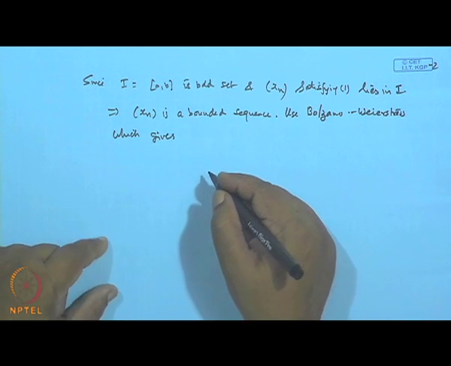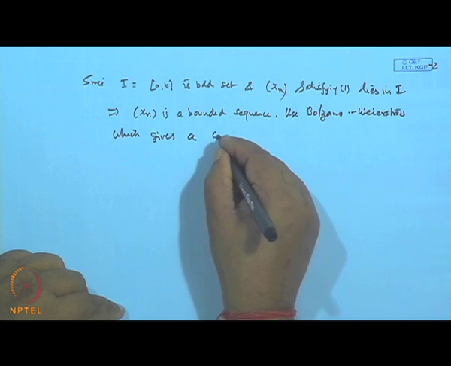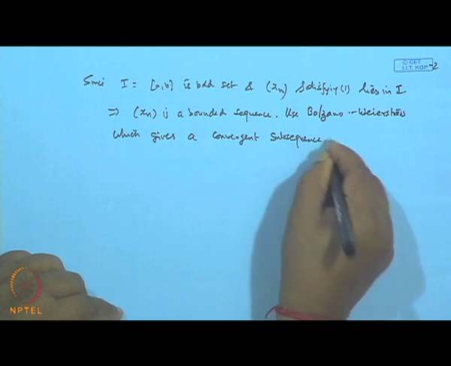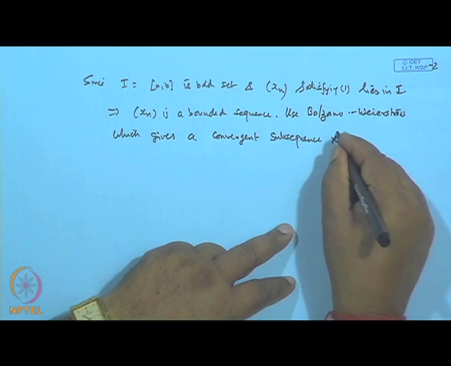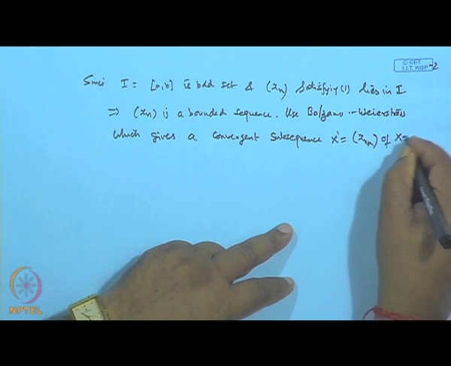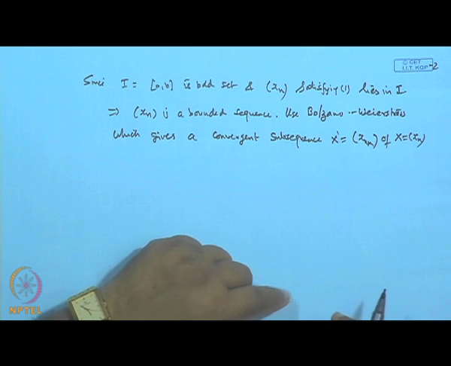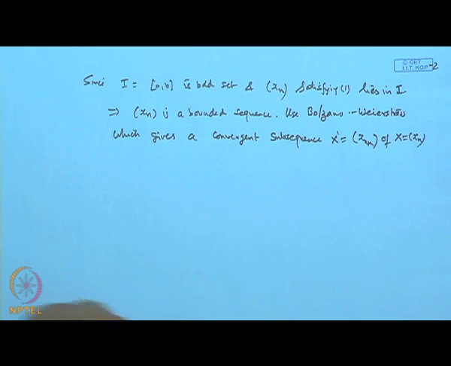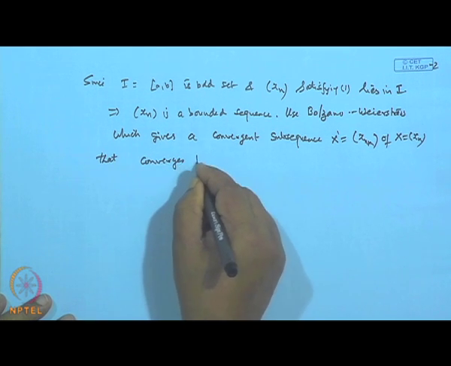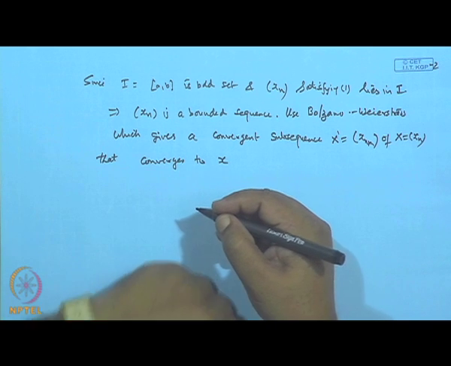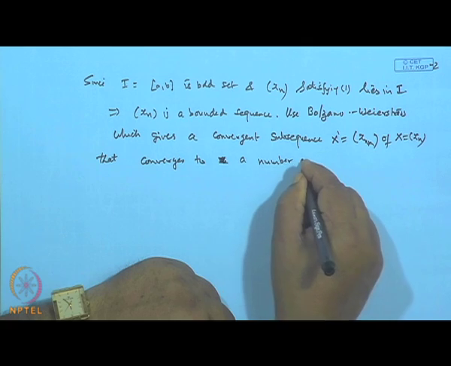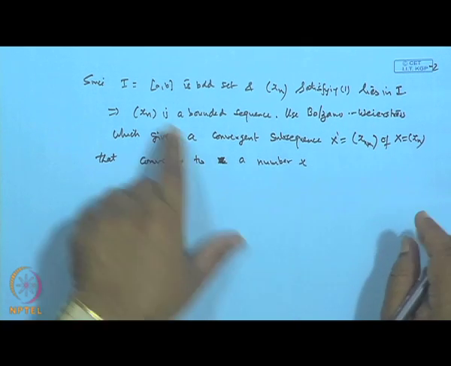This gives a convergent subsequence x_{n_k} of x_n that converges to a number x, because by definition x_n is a bounded sequence.